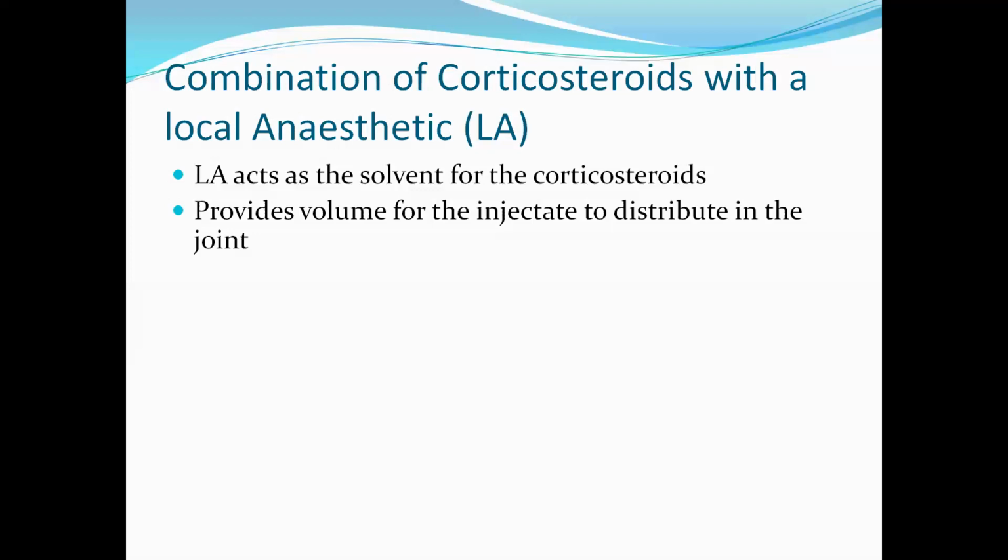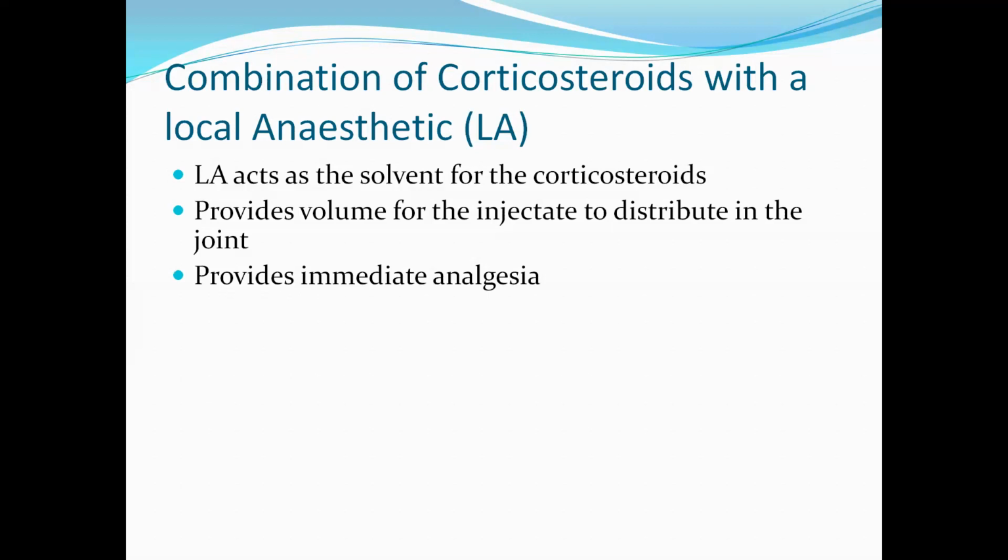If you inject 1 ml, it will stay inside the suprapatellar pouch. So you need to spread the steroid into the whole joint, for which you need a larger volume. And the local anesthetic is the best solvent for increasing the volume of a drug. It also provides immediate analgesia, because the steroid takes some time for its analgesic or anti-inflammatory effect.